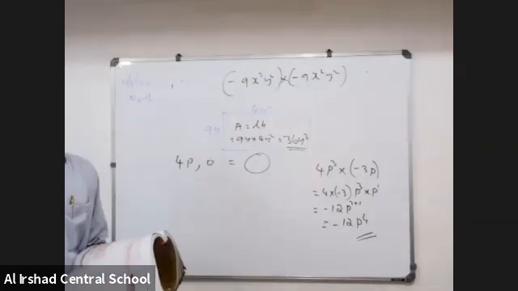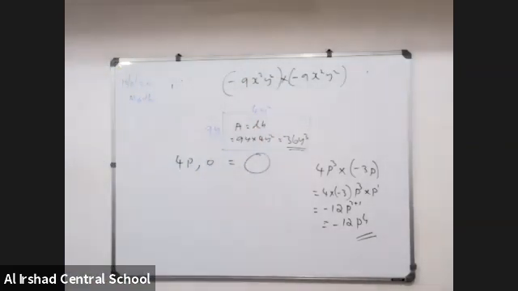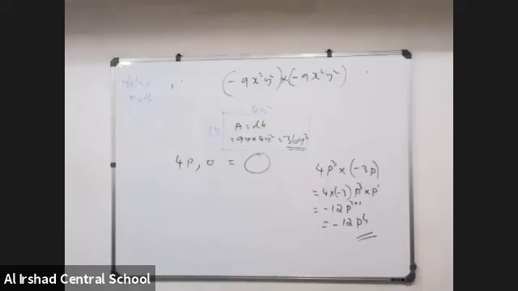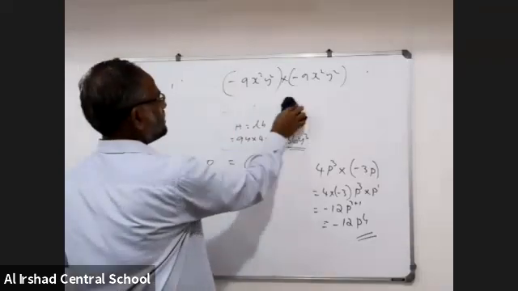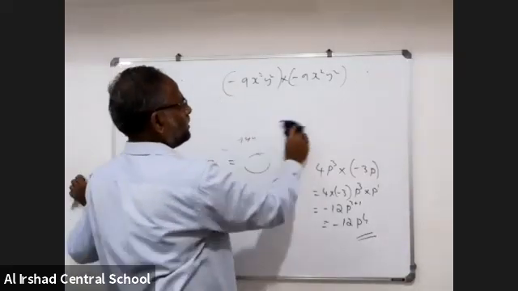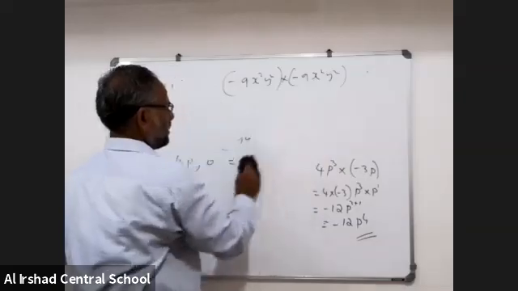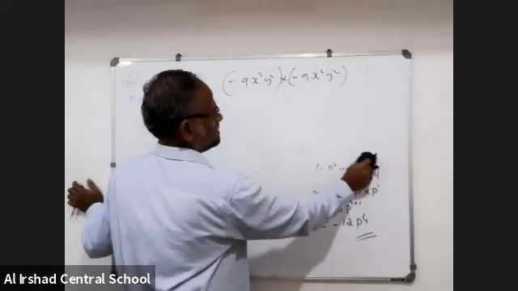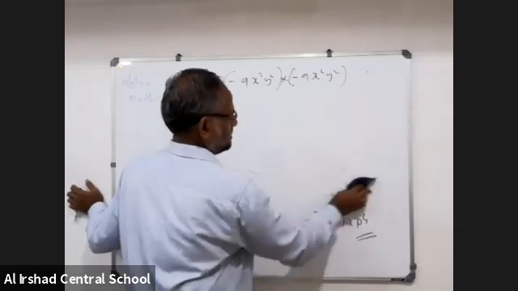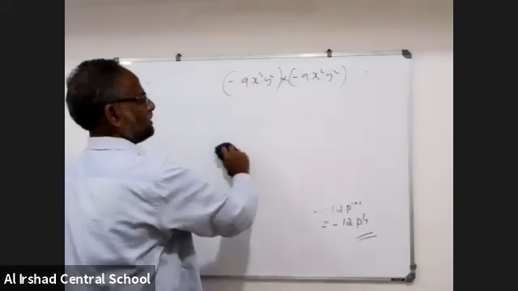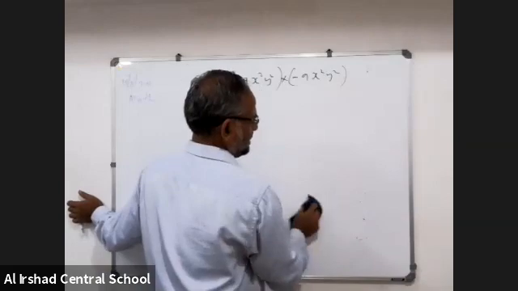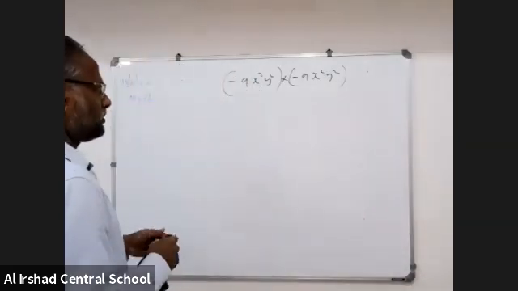Monomial is monomial. Minus 9 into s square y square into minus 9 into s square y square. 81 s raised to 4 into y raised to 4. Excellent, very good.